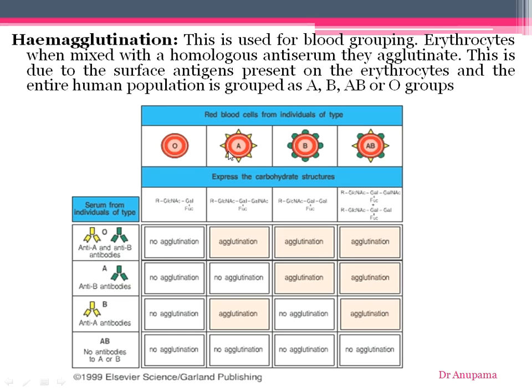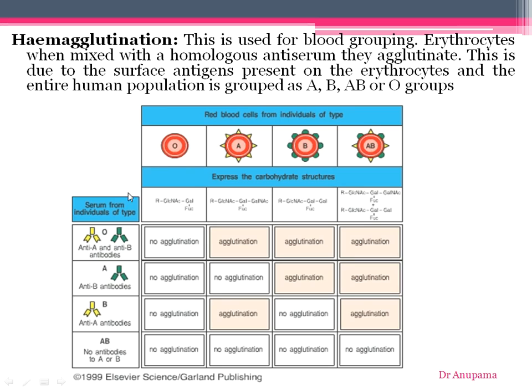Now coming to a person having blood group A, they have surface antigen A, but their serum consists of antibodies against B. Then coming to a B blood group person, the cells have antigen B, while the serum consists of antibodies against A. And coming to the last blood group, AB, they have both the antigens on their surface, while they do not have any antibodies in their serum.